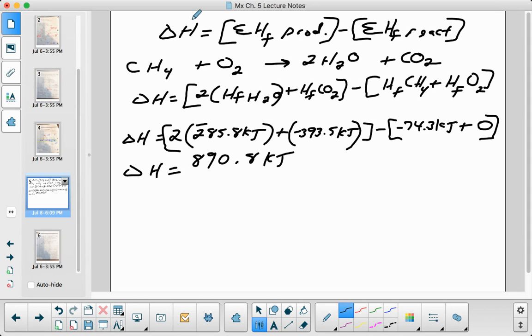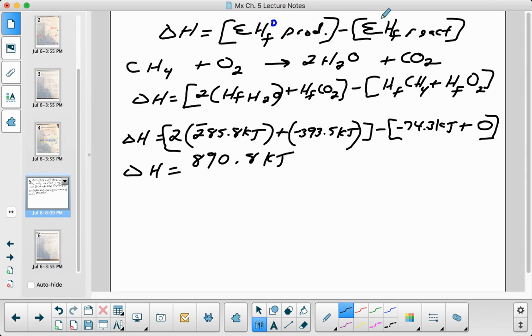So the reaction that I'm going to talk about is methane plus oxygen yielding 2 moles of water and carbon dioxide. And so how we calculate the enthalpy of the reaction is with this very straightforward equation, which is in the brackets, the sum of the standard heats of formation.